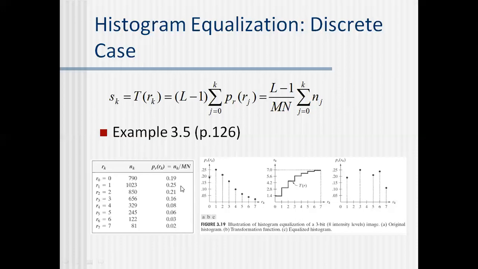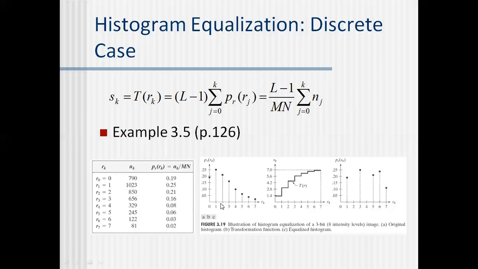The maximum value among all the values is 0.25. At R equal to 0, the value is 0.19. Next, at 1, the value is 0.25, the second sample.